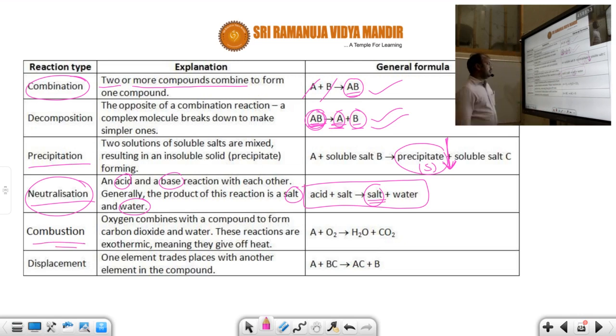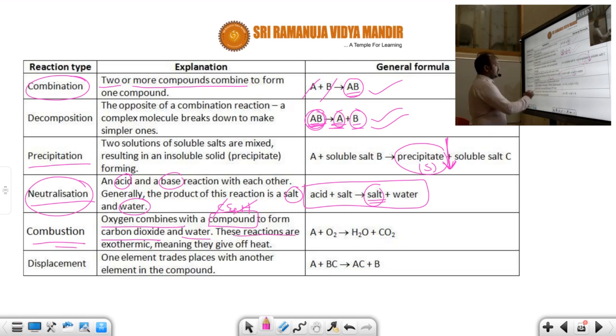Combustion reaction. A hydrocarbon is a compound that contains carbon and hydrogen. It combines with oxygen to form its corresponding oxides. Carbon forms carbon dioxide, and hydrogen forms water.